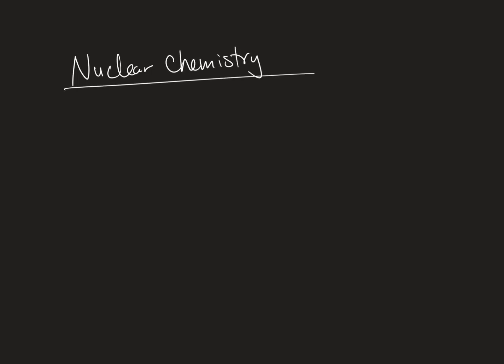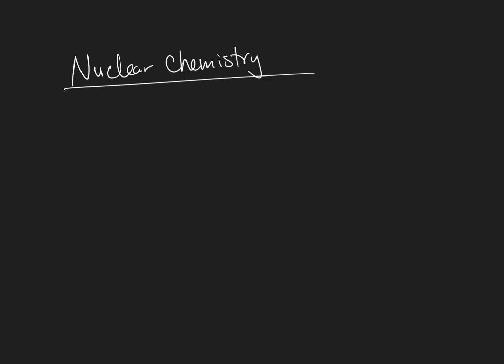So let's talk about nuclear chemistry. So far, when we deal with chemical reactions, what part of the atom changes in a chemical reaction? None of it. I didn't say what part of the nucleus. What part of the atom changes during a chemical reaction? The electrons, the outside, right?